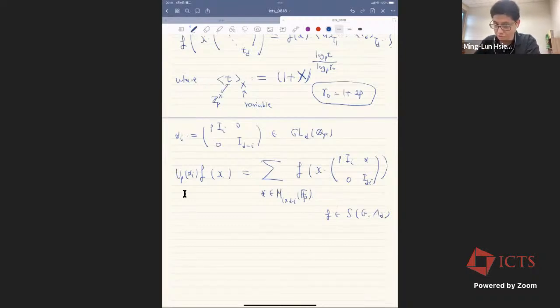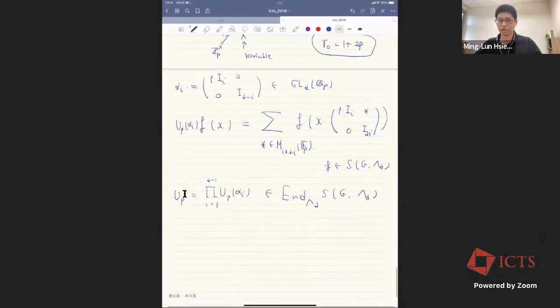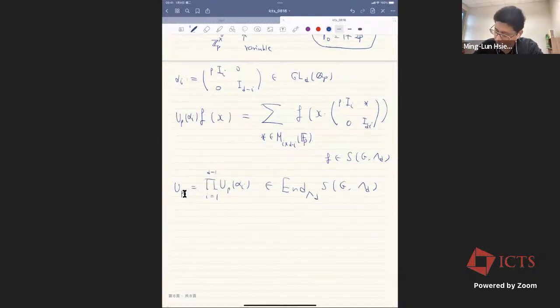And then I define the U_p operator as a product of these U_p operators. So this gives us an element in the endomorphisms of the space of nearly ordinary forms.